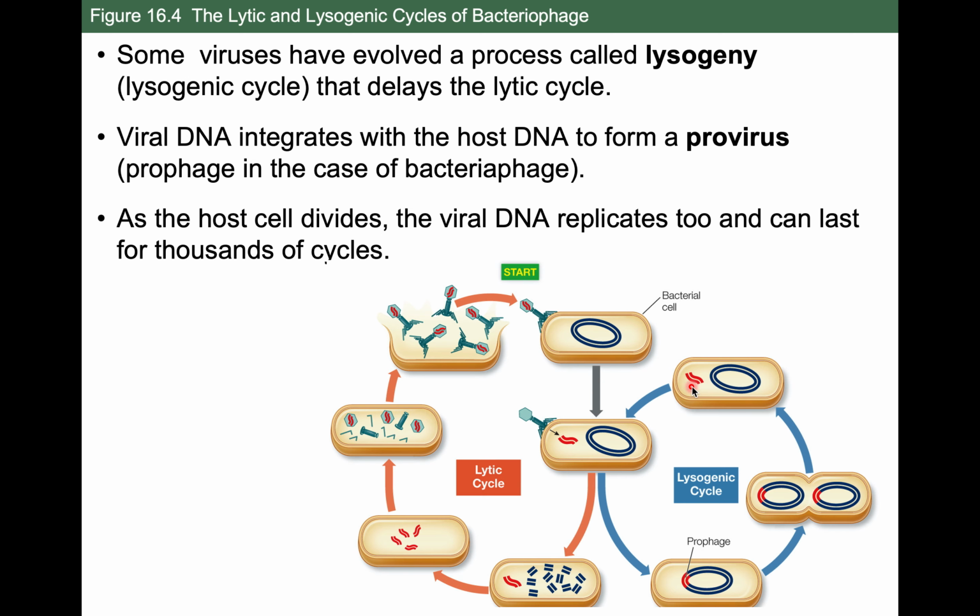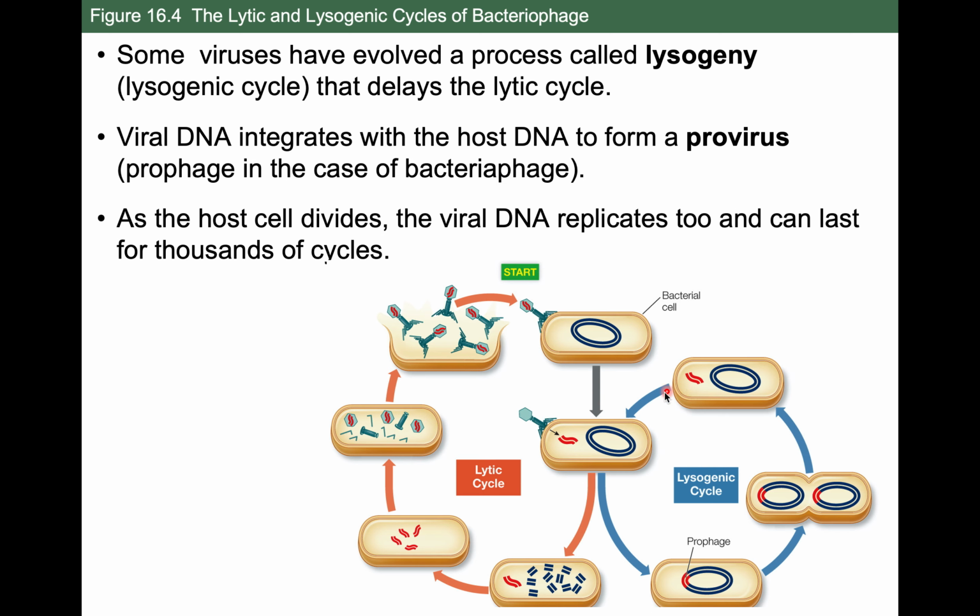In this case, it integrates into the bacterial chromosome, so it becomes part of the bacterial genome. Now every time this bacterium divides, it copies that viral DNA along with its own chromosome. You would end up with hundreds or thousands of bacteria that have that viral DNA inside of them.